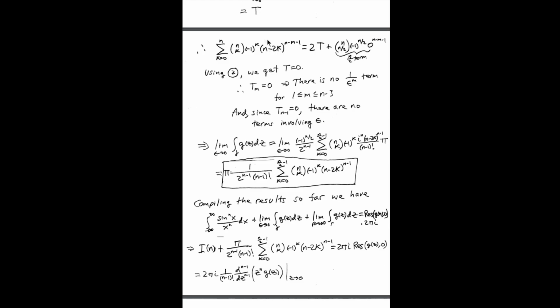Just plugging in n over 2 to this sum here. Well, using our equation 2, recalling this right here, everything there is satisfied, and we get capital T must be equal to 0. Dividing by 2 here, this is 0.